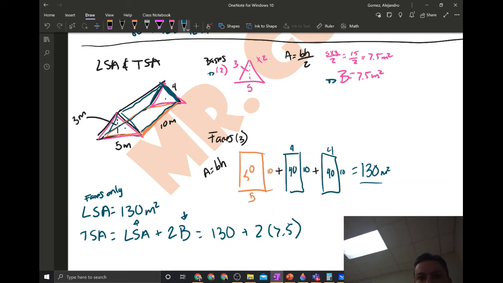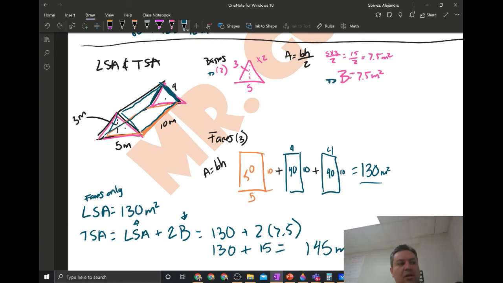So this is going to be 130 plus 15, which is gonna give you, for the total surface area, 145 meters squared. So if you were to wrap this thing as a gift, you're gonna use 145 meters squared.